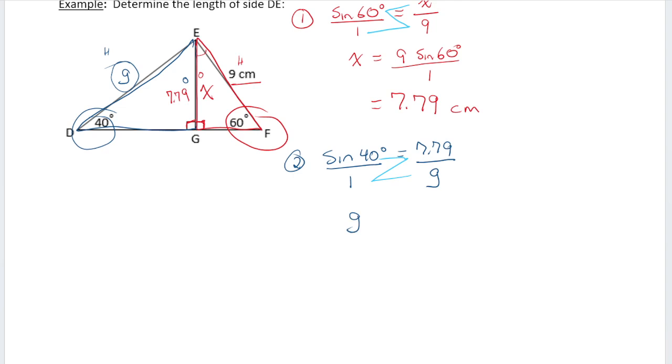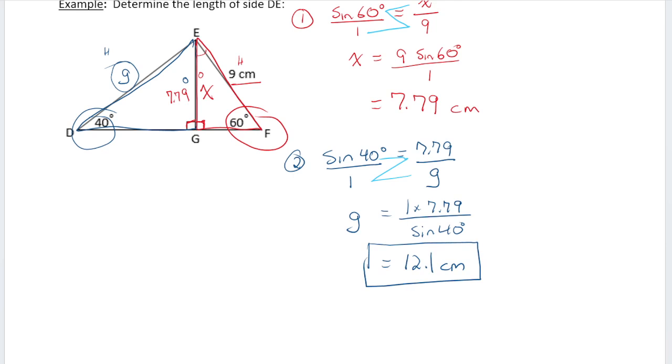And we get g is equal to 1 times 7.79 divided by the sine of 40 degrees. So 7.79 divided by the sine of 40 degrees gives me 12.1 centimeters. And that is our final answer.